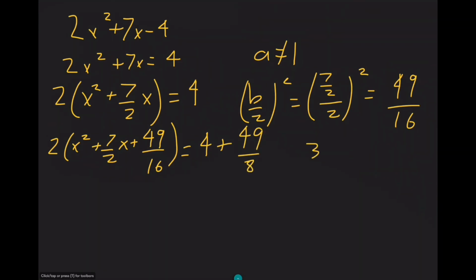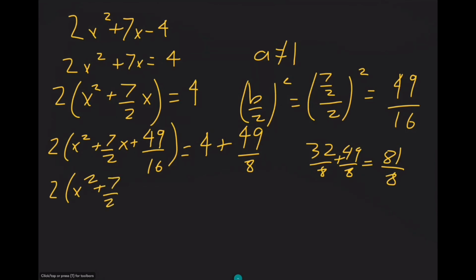And then it will be 32 over 8 plus 49 over 8 equals 81 over 8. So then it will be 2 times x squared plus 7 over 2x plus 49 over 16 equals 81 over 8.